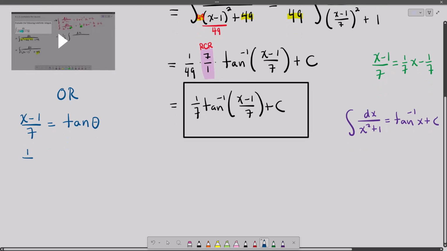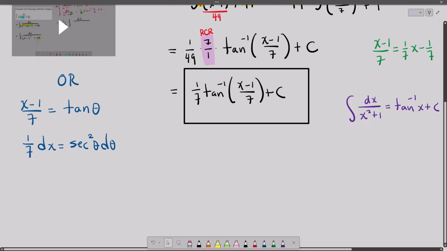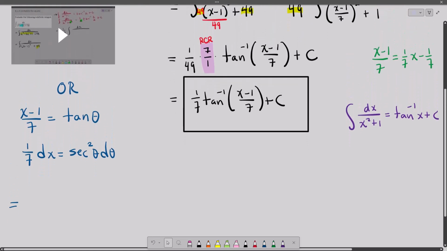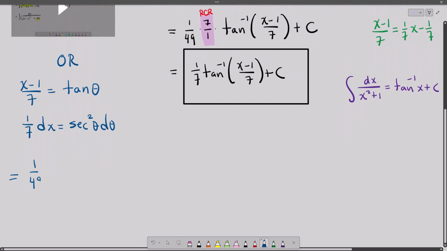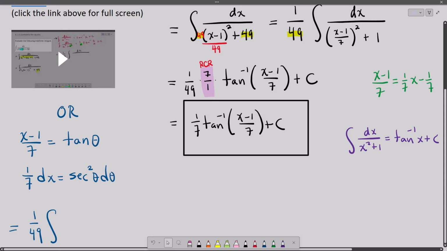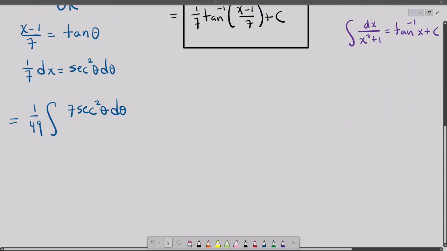If we differentiate both sides here, we get 1/7 dx equals secant squared of theta d theta. And then our integral is going to become, there's a 1/49th in front. And then the numerator is a dx, and that dx needs to be replaced. We multiply both sides by 7, we would have 7 secant squared of theta d theta. So that's the dx. And then in the denominator, we would have tan squared plus 1.